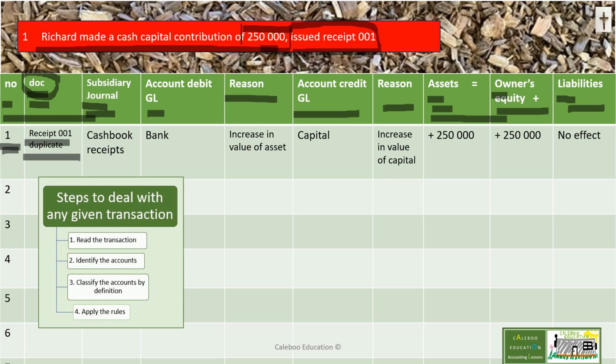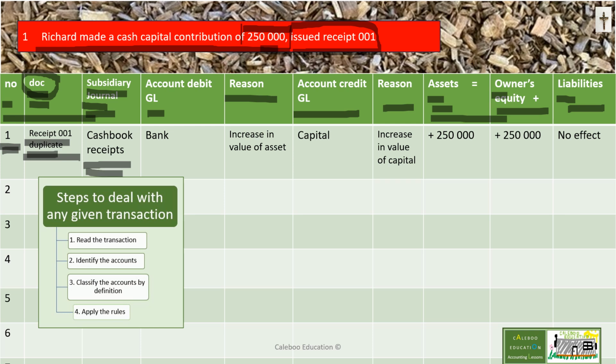That's how it was documented. Receipt 001. And as I mentioned in the previous slide, the bookkeeper would have the duplicate. This is recorded in a journal, a subsidiary journal, and it is the cash book receipts.